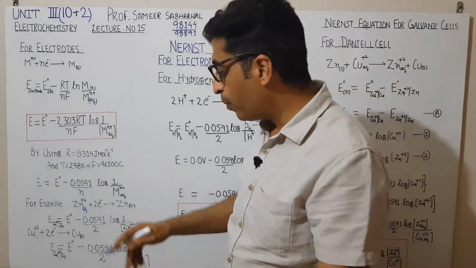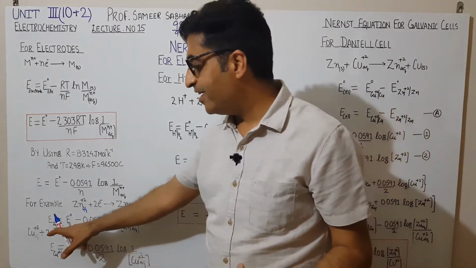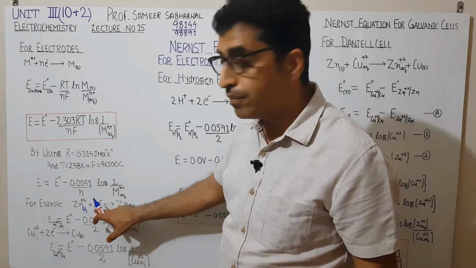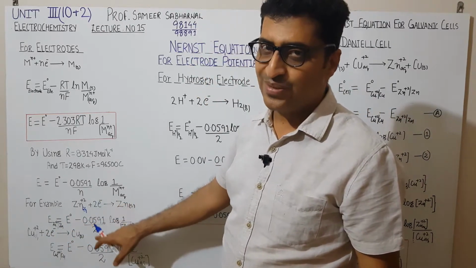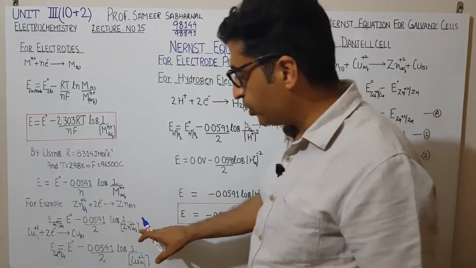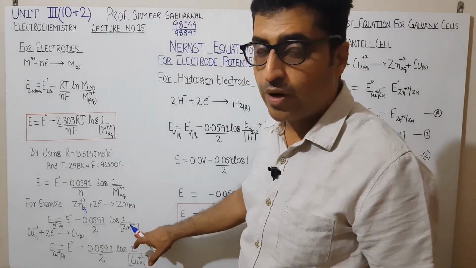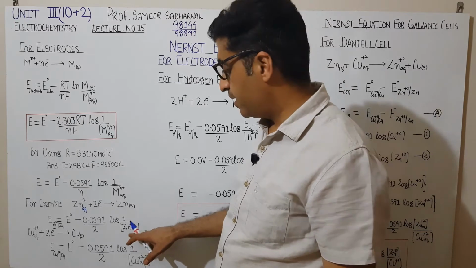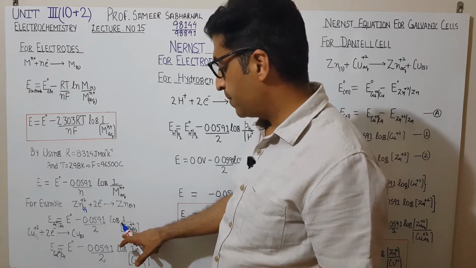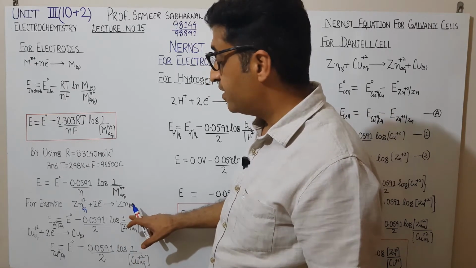Now by simply putting the value of the concentration, you can find the electrode potential. Now I'm using 2 here. Why? Because the number of electrons transferred is 2. Okay, now let us see. If I say the concentration of zinc ion is 0.1 molar, okay, 0.1 means 10 raised to power minus 1, right? Now this goes up and becomes 10.